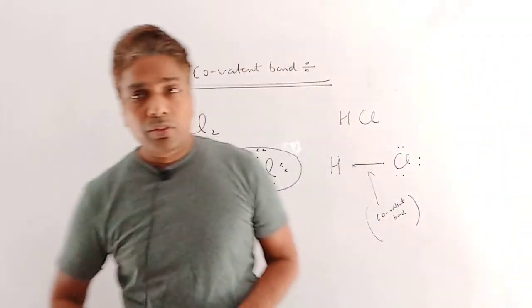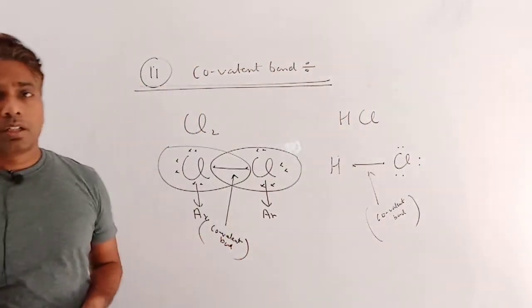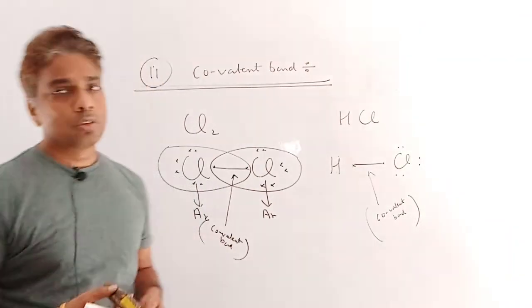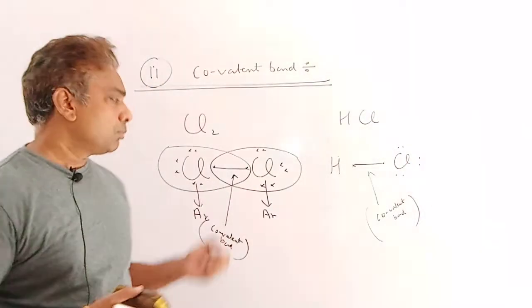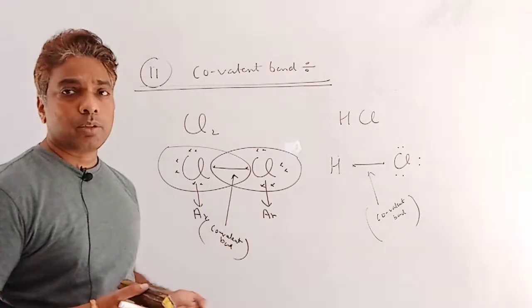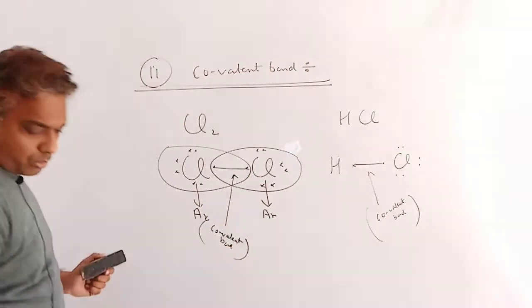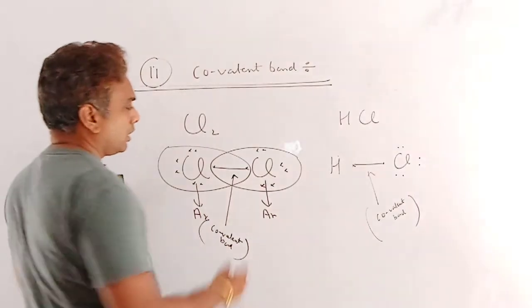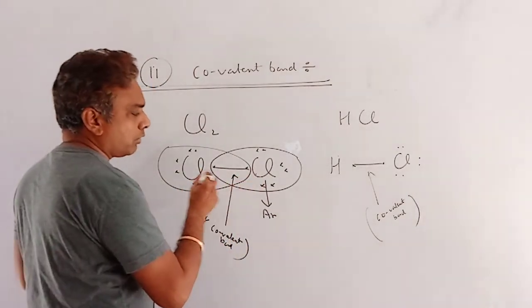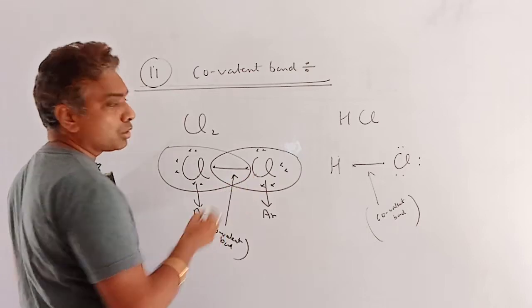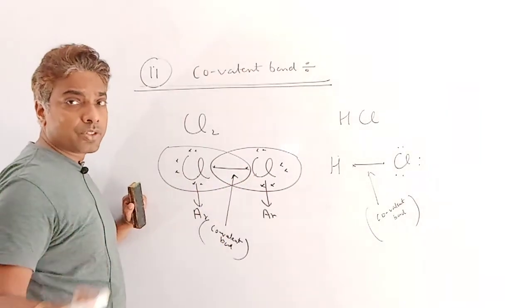In both cases, Cl2 as well as HCl, both bonds are covalent bonds. But one major difference between these covalent bonds, what? Here both are chlorine, so the electronegativity of both chlorines is the same.